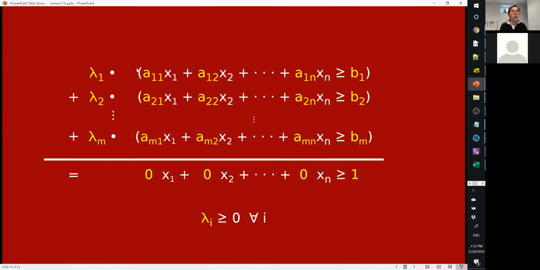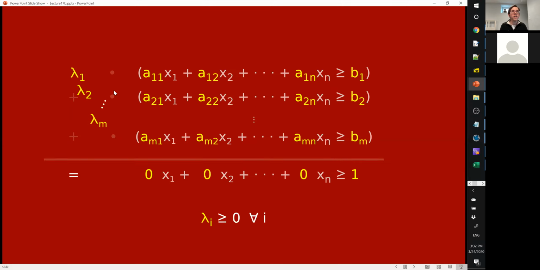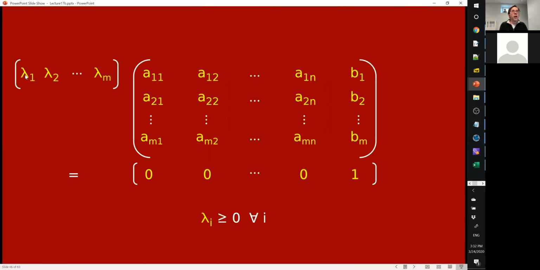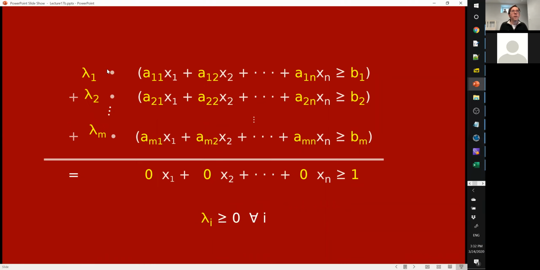So now if you think about this a little bit more, to say that the lambdas, when you multiply them against the inequalities and add them up, give a coefficient of 0 on x1, it's just to say that lambda 1 a11 plus lambda 2 a21 plus dot dot dot plus lambda m am1 is equal to 0.